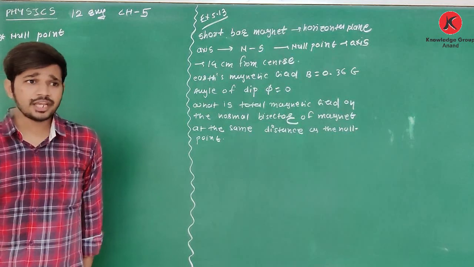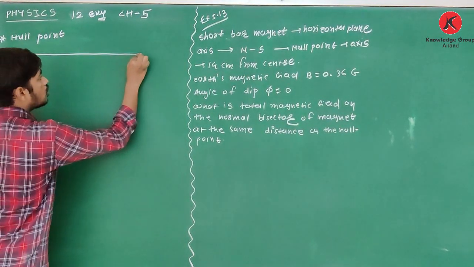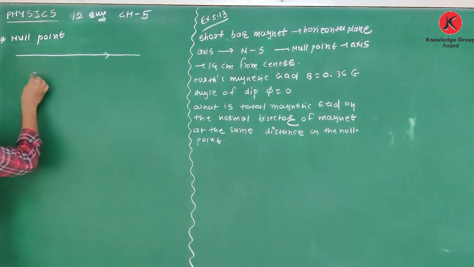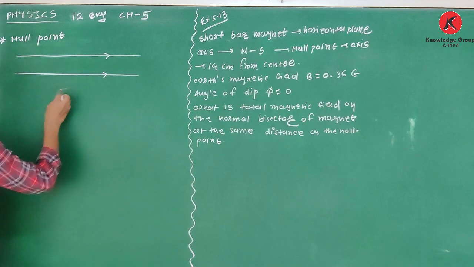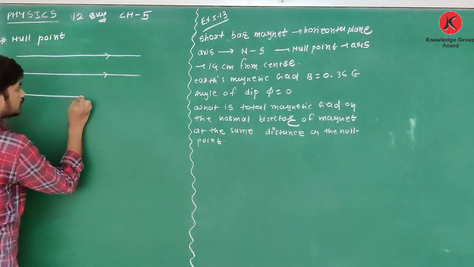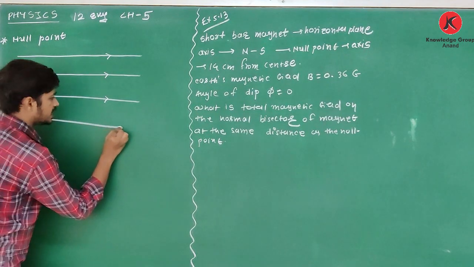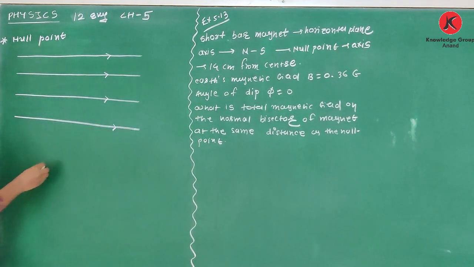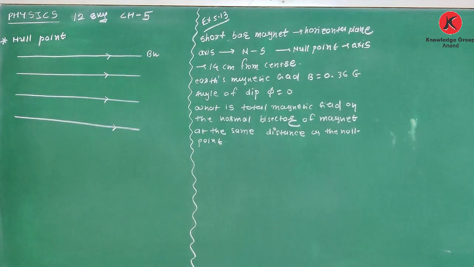Okay, this is the horizontal component of Earth's magnetic field, BH. Yes, we know that.